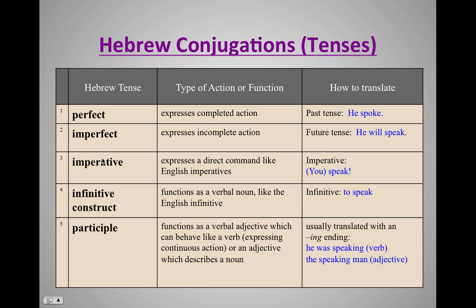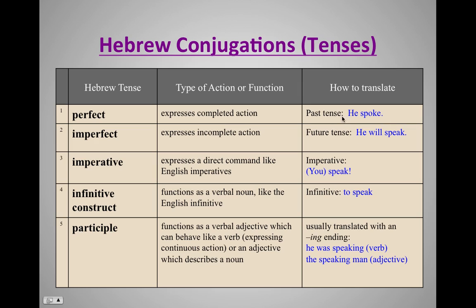And that's what we get with the perfect tense or the perfect conjugation. And an example of how we would think of translating perfect verbs is that their equivalent in English is generally that perfect verbs convey past tense.